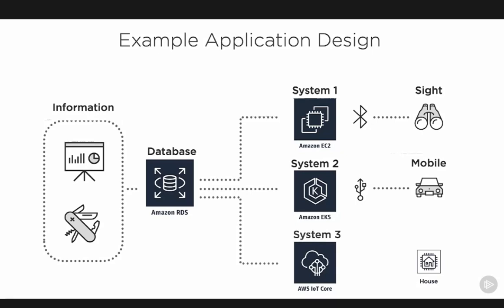That database can then easily be connected to virtual machines with Amazon EC2. It could be connected to containers and a container cluster engine, such as Amazon's EKS. It could also be touched by an IoT environment, Internet of Things, using Amazon's IoT Core.